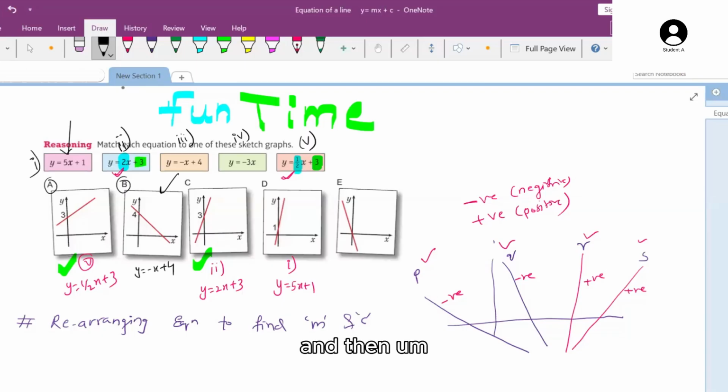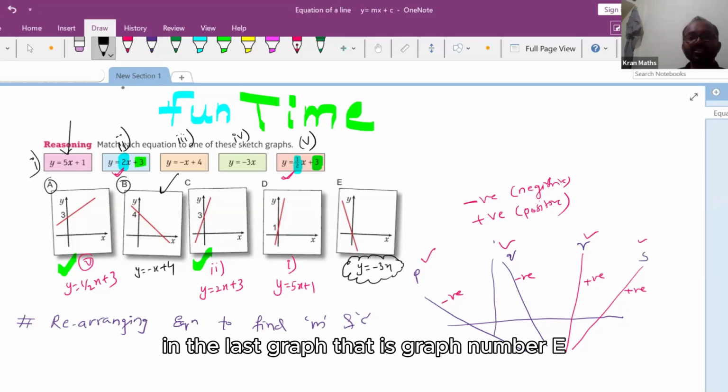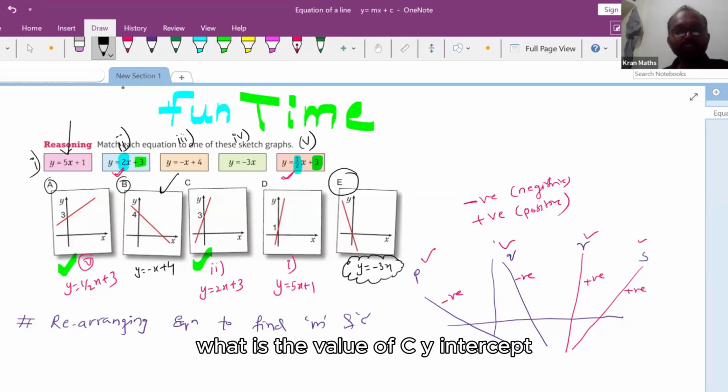And then y equals minus 3x is going to be E. One last interesting thing. In the last graph, that is graph number E, what is the value of C, the y-intercept?